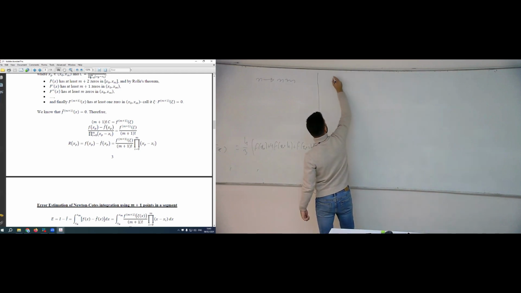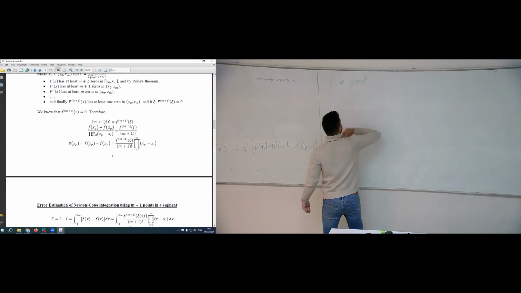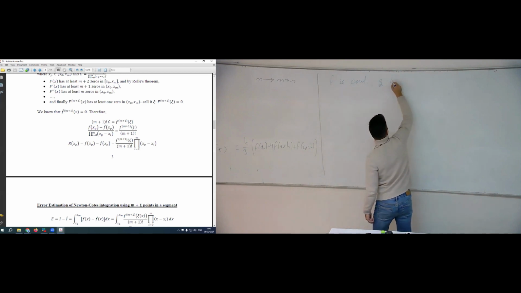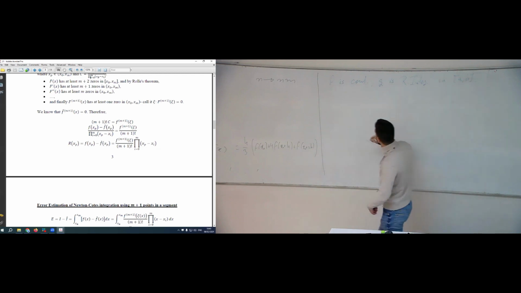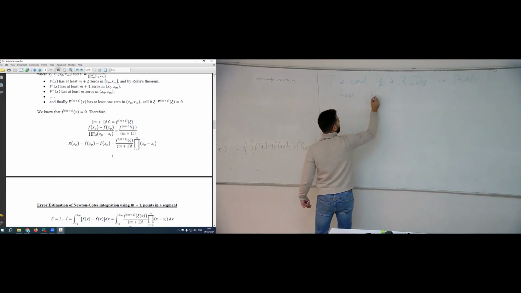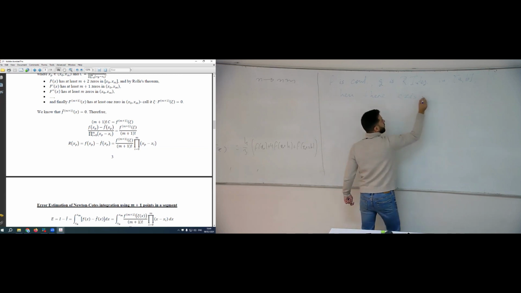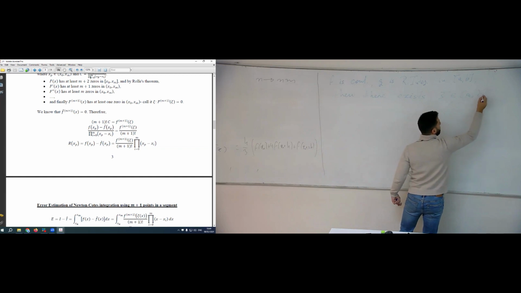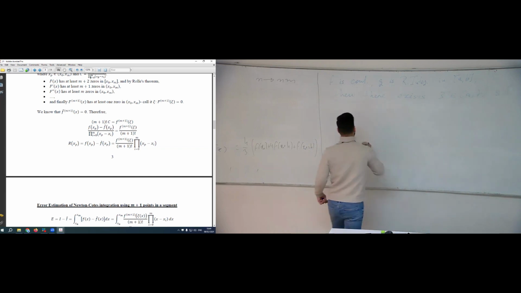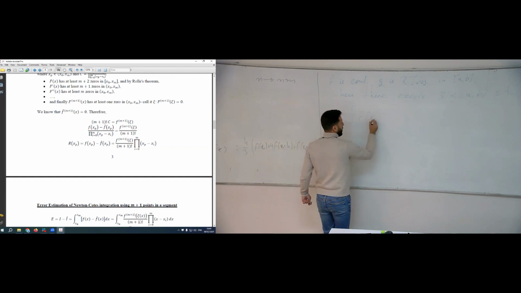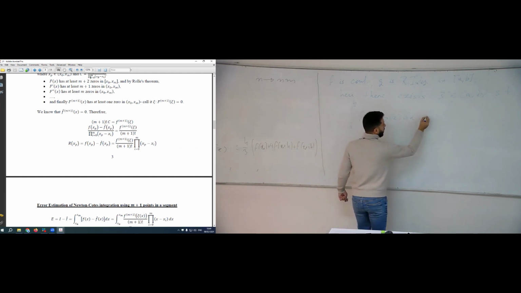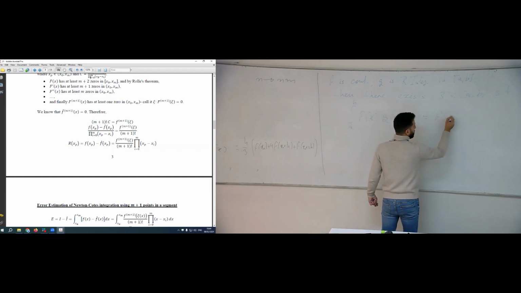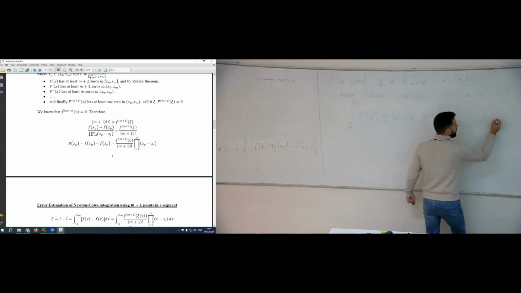If f is continuous and g is Riemann integrable in [a,b], then there exists psi in [a,b] such that the integral of f of x multiplied by g of x from a to b equals f of psi times the integral of g of x dx.